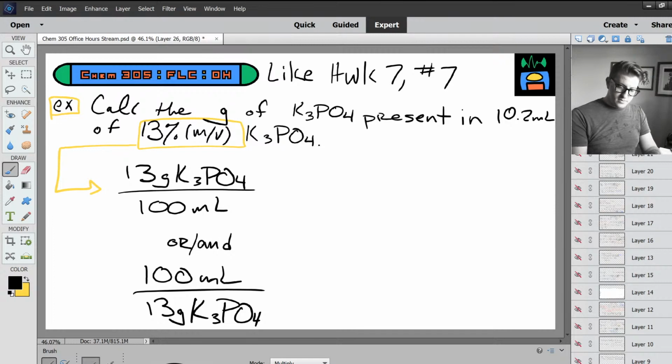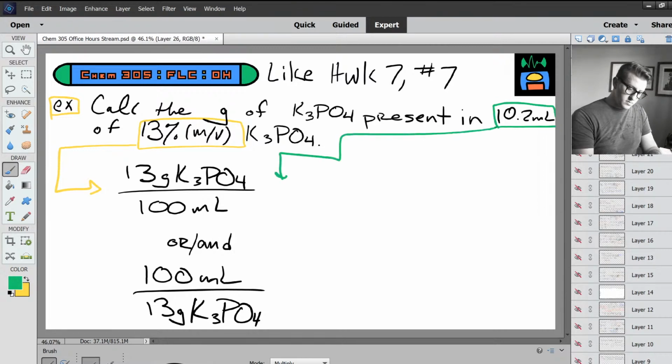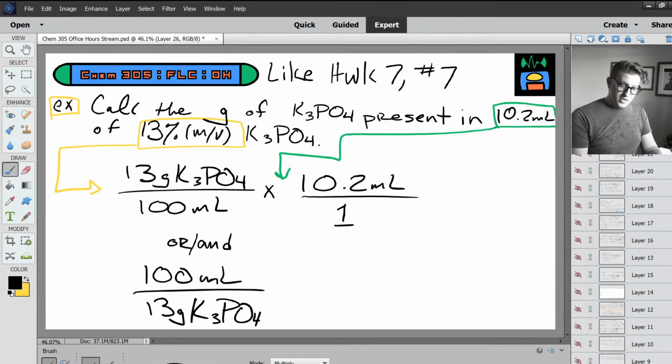Now check this out. We know the volume of solution. We know that we have 10.2 milliliters of solution.